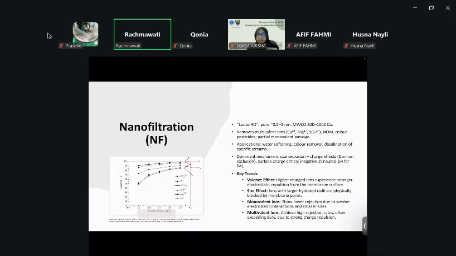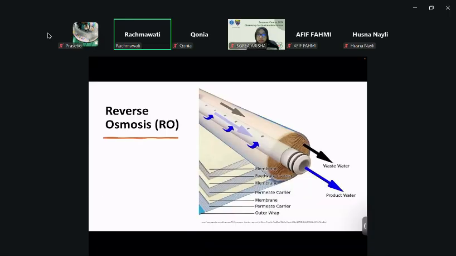Next is reverse osmosis. Yeah, so this is a dense membrane because the pore size is very small. It rejects more than 99% of all dissolved salts. And it is the primary technology for seawater and brackish water desalination.